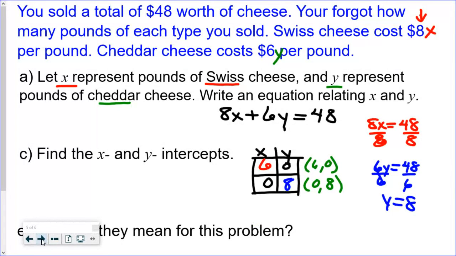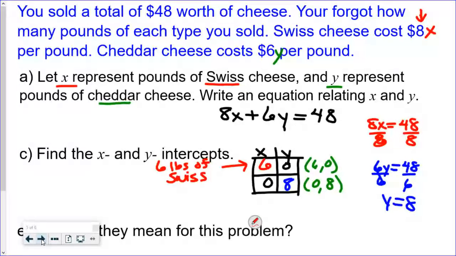Now, what does that mean? This means if I only sold Swiss cheese, it would be 6 pounds of Swiss. And that makes sense because Swiss is more expensive.